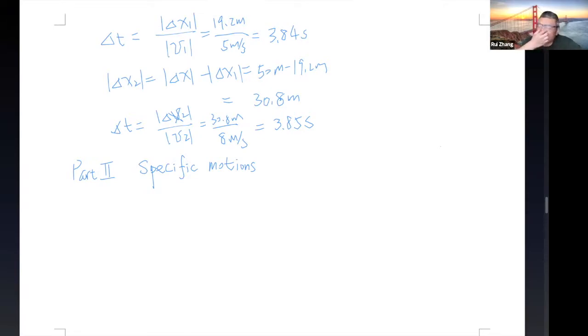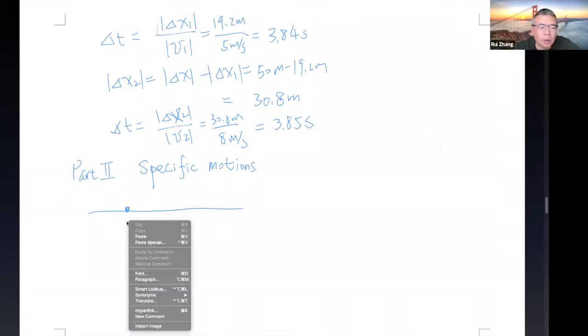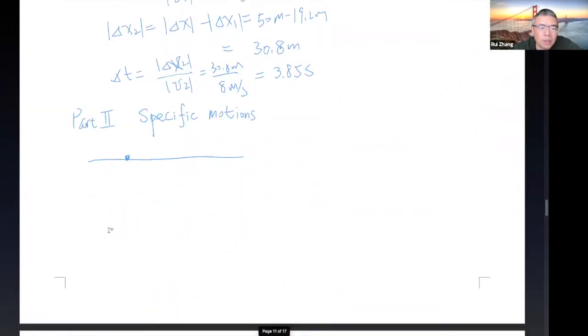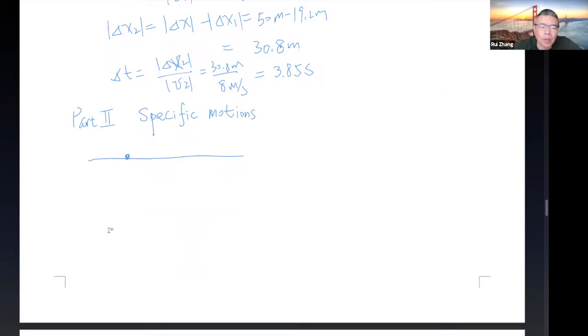Again, remember, we're talking about one-dimensional motion, so something moving on a straight line. Now, what is the simplest motion you can imagine for one-dimensional motion? If you have something moving on a straight line, what is the simplest possible motion that you can have?